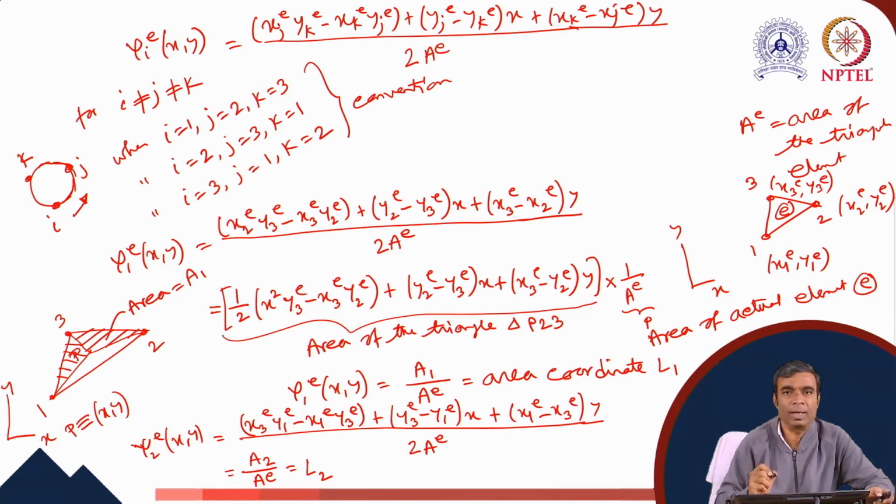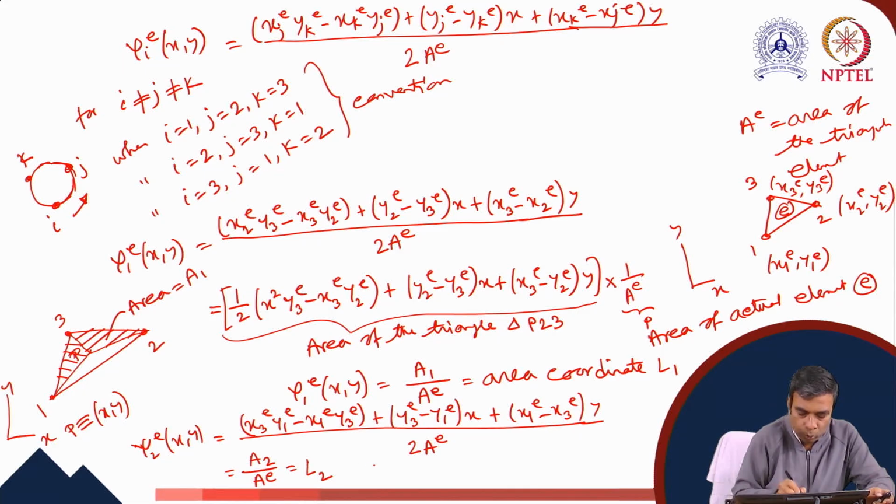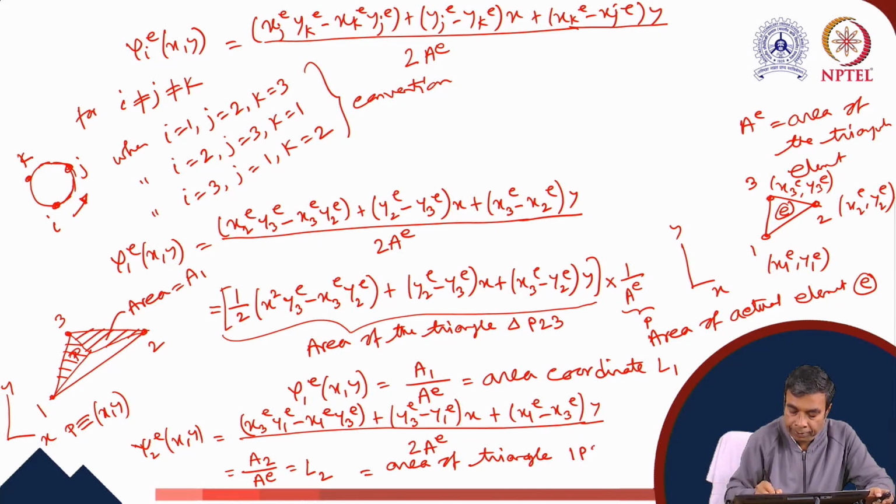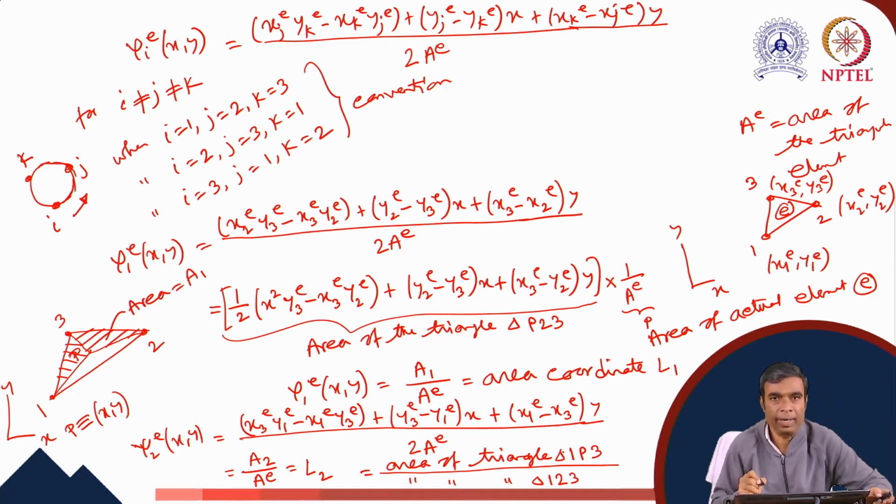The area of the sub-triangle 1P3 is denoted by A2, equals the area of triangle 1P3 divided by the area of triangle 1, 2, 3, the original triangle.